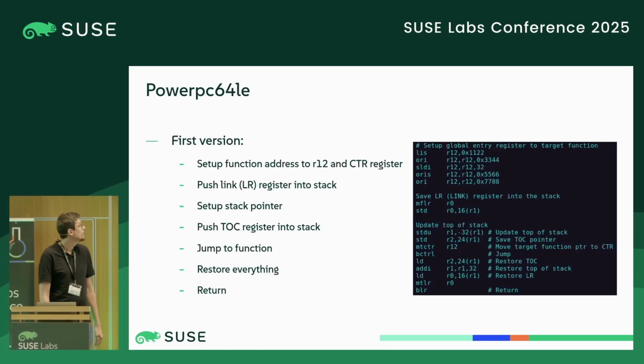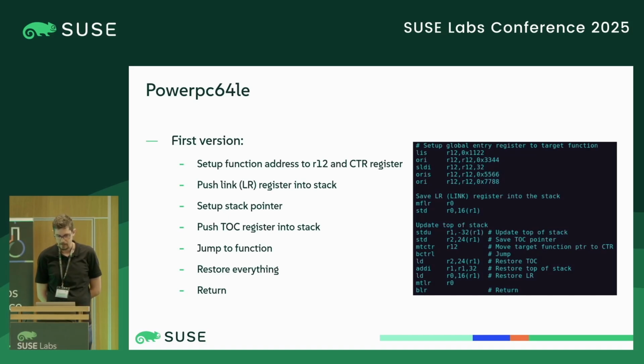Okay, so we eventually got to the first version of our redirection code. It's basically save a bunch of registers into the stack and jump to the new function. We set up the function address in R12, which is the global entry point register.